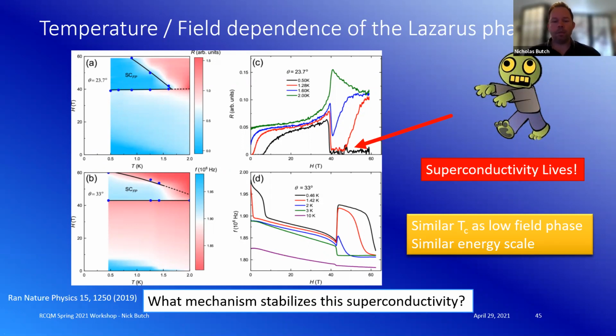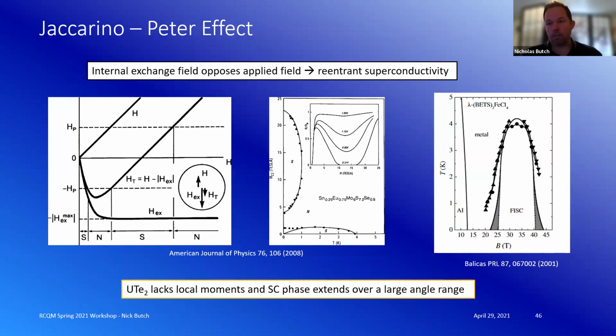So what mechanism could possibly stabilize this? I'm just going to go through a couple, because it's not like there's a really long list. One is a fairly old and established one, the Jaccarino-Peter effect, in which there is a compensation with an external exchange field that opposes your applied field. That's shown here in the diagram on the left. If you just look at the bottom, this is the sum of the applied and exchange fields.